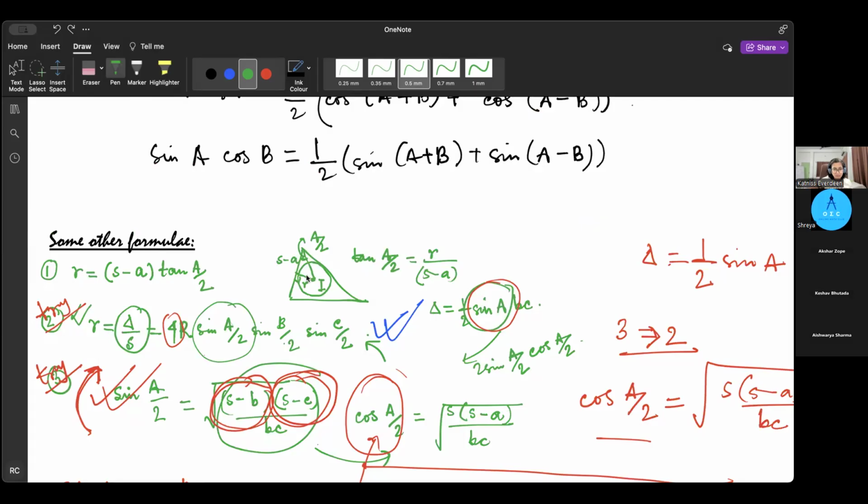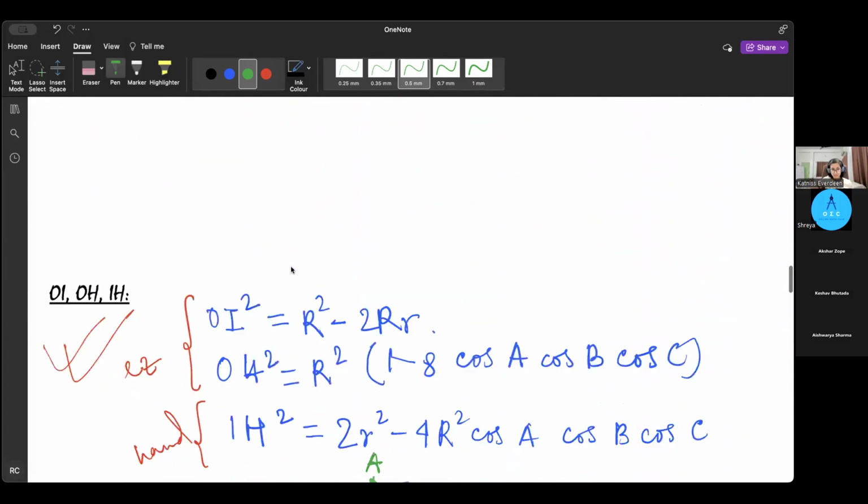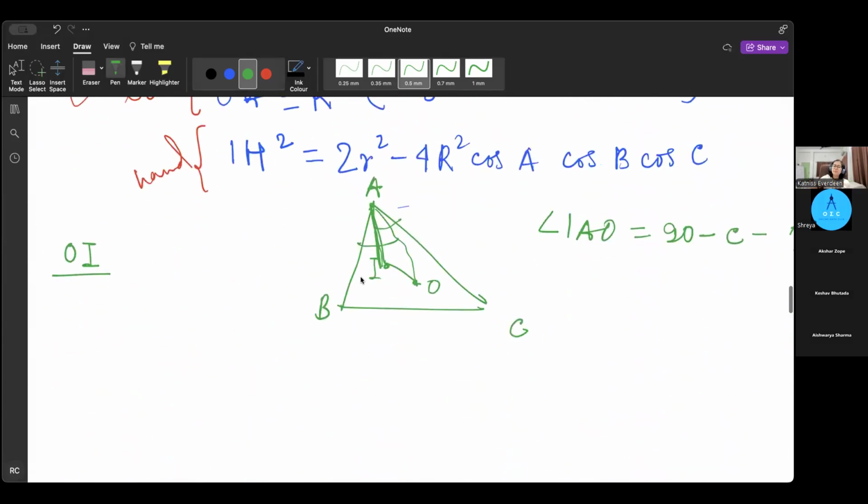We can find IA from that triangle because it's a right triangle, and a right triangle is nice for trig. So we basically know IA because this is the right triangle we can consider.